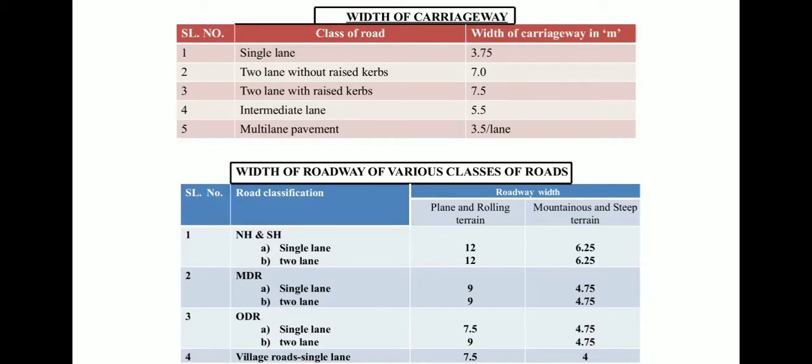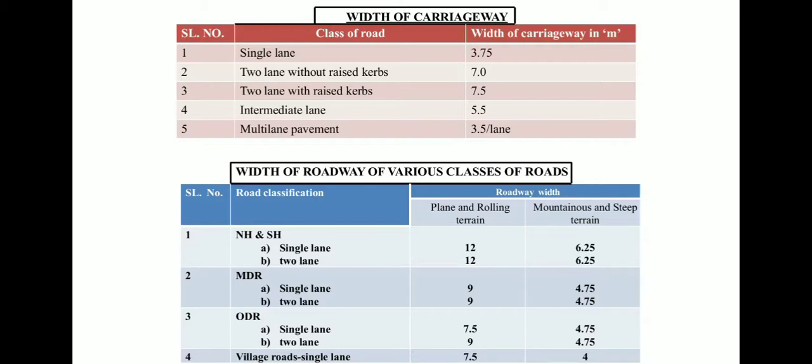Whereas for major district road, single lane and two lane, plain and rolling terrain it should be 9 meter, mountainous and steep terrain it should be 4.75. For other district roads, single lane, for plain and rolling terrain it should be 7.5, mountainous and steep terrain it should be 4.75 meter.